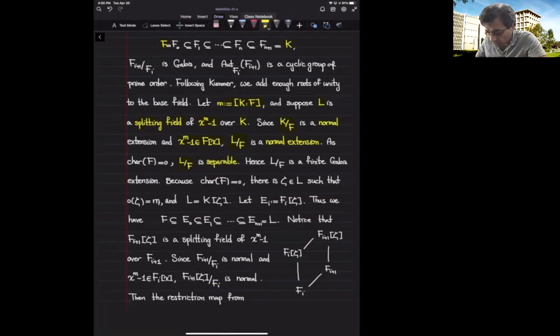It's normal and separable, and therefore it's a Galois extension. So L over F is a finite Galois extension.